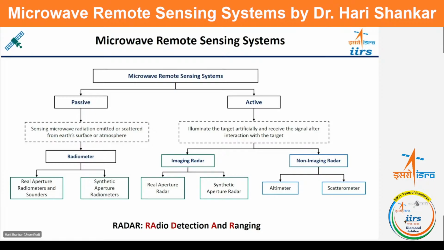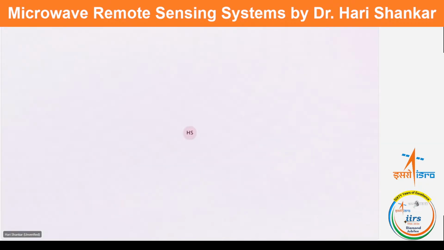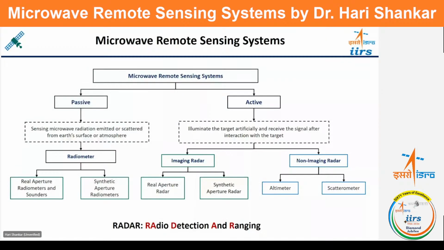In proportion it is very less, but that emitted signal in the microwave portion moves towards the sensor in the real aperture way or the synthetic aperture way. So we have the real aperture radiometers, RAR, and the synthetic aperture radiometers, SAR.